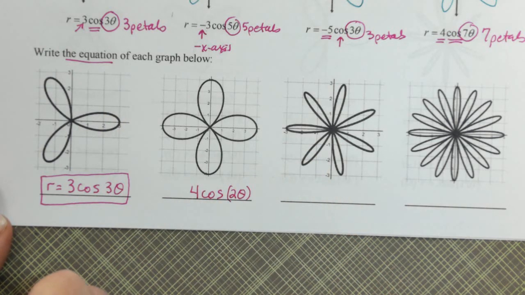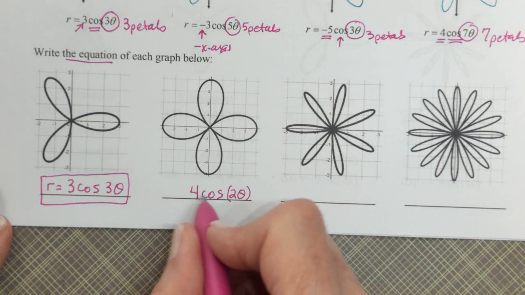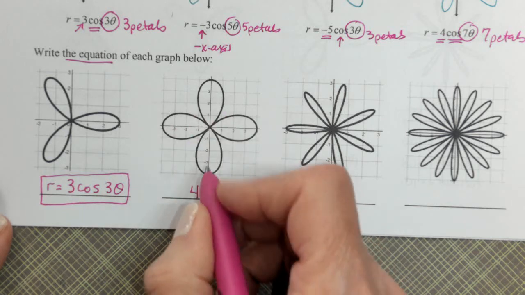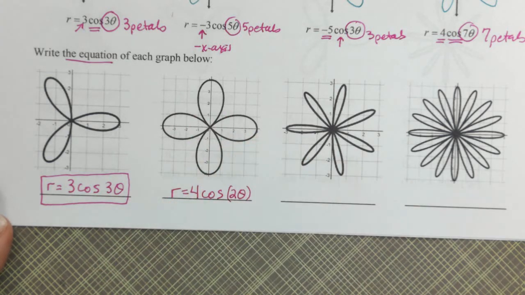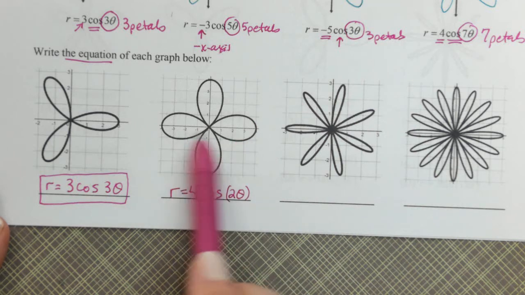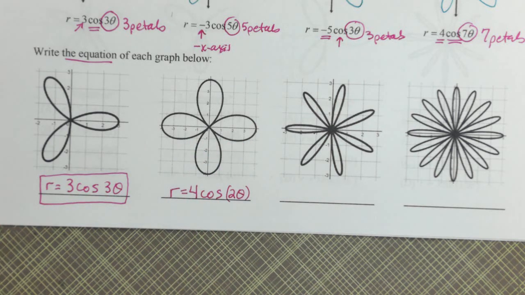And for even petals, it doesn't matter if it's a positive 4 or a negative 4. Both would yield the same graph. Now you might be thinking, there are also petals on the y-axis. Why is this not a sine? We're going to get there in a moment. But if there's a petal on the x-axis, it's a cosine. All right?